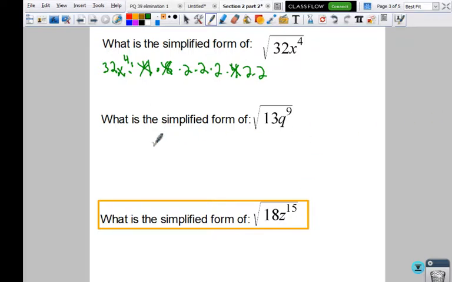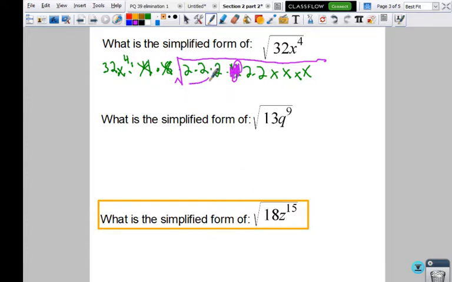Alright, and then DeAndre, how many x's am I going to write down? 4. Yep. 1, 2, 3, 4. Alright, we got to go through and see what's going to get kicked out. I'm going to put my square root symbol right here, and that's fine. I know I've got a 4 crossed out right here, so I just need to remember to ignore it.